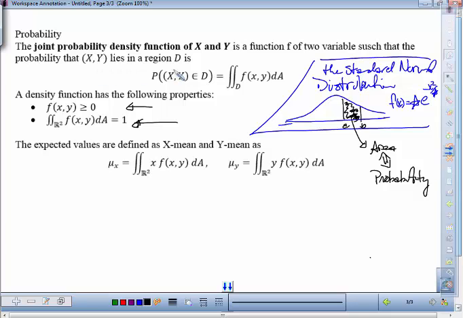So your probability distribution function would be f of x and y, and it has to satisfy two criteria: it always has to be bigger than 0 in its domain, and the probability over all the possible values that we could put in for x and y has to equal 1.